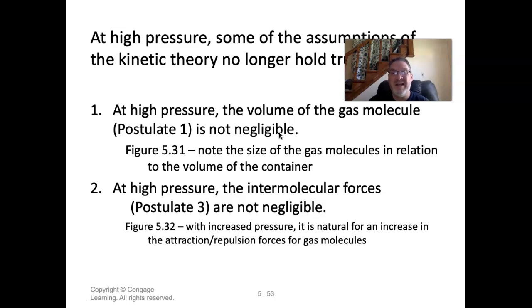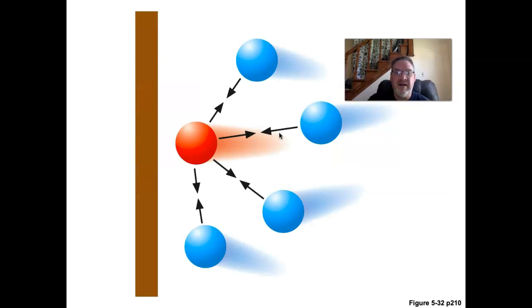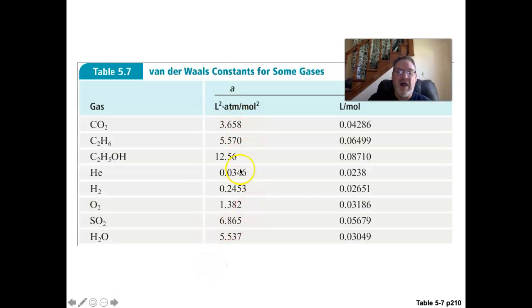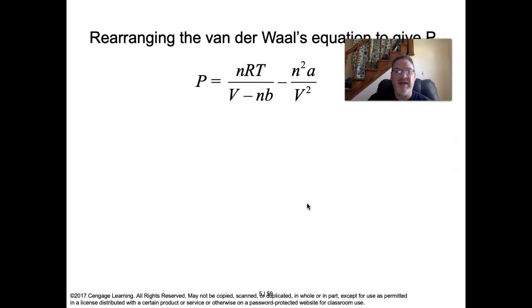At higher pressures, intermolecular forces come into play. And van der Waals adapted the ideal gas law equation to take into account the effect of gas volume and the effect of attraction between molecules. And again, you've got these constants that you can plug in, and you can do the calculations.